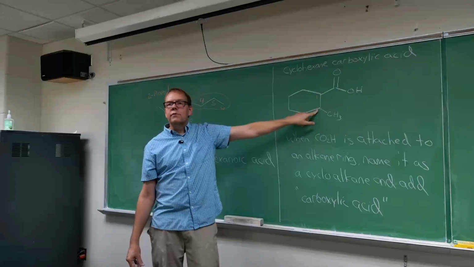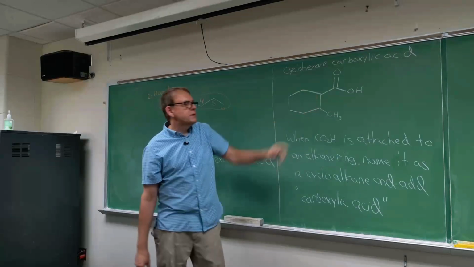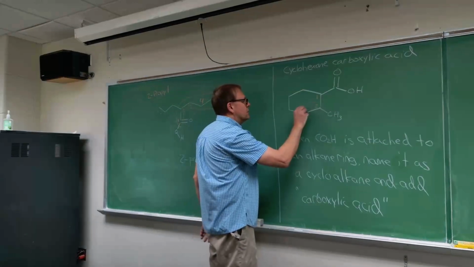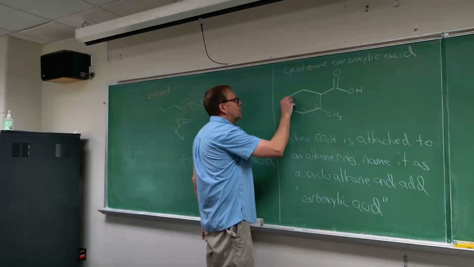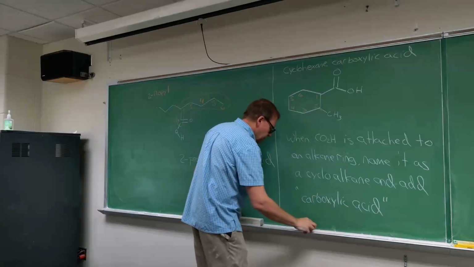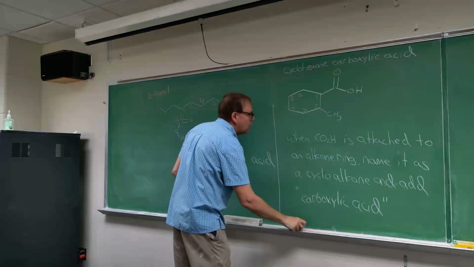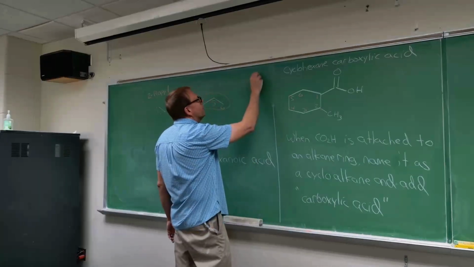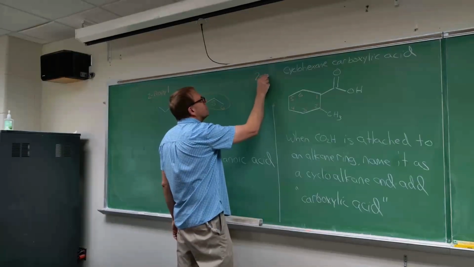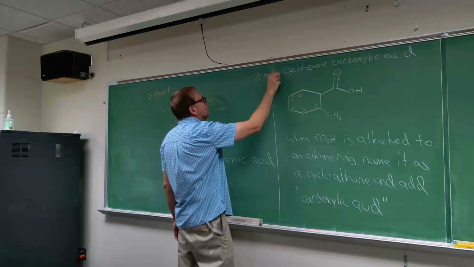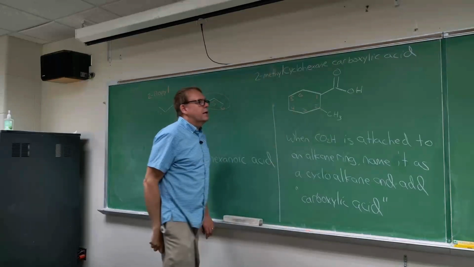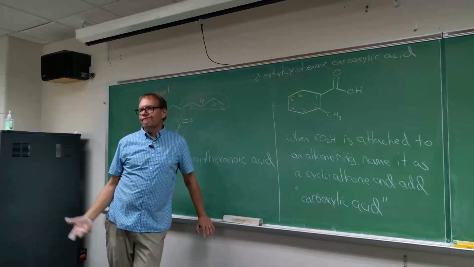But you number around the ring to give low numbers to the groups. And so this would be the 2 position then. So the name of this molecule would be 2-methyl cyclohexane carboxylic acid.